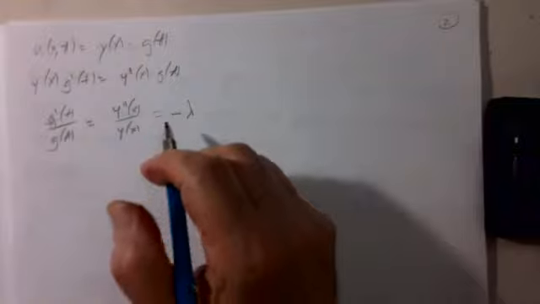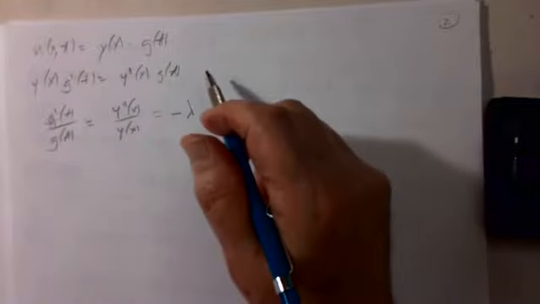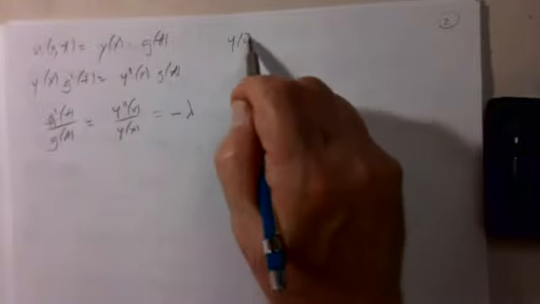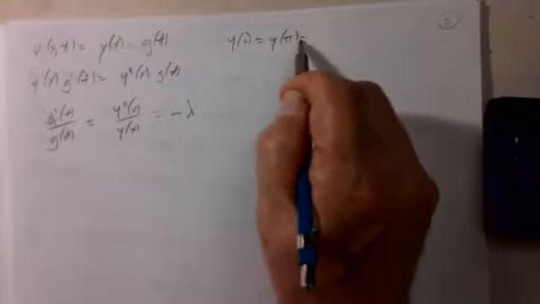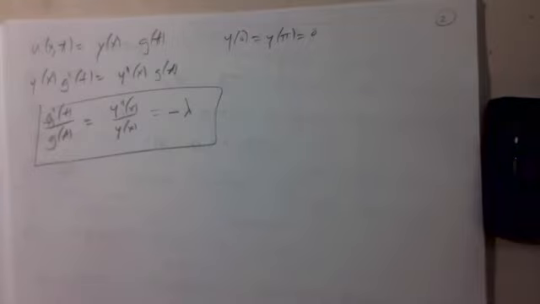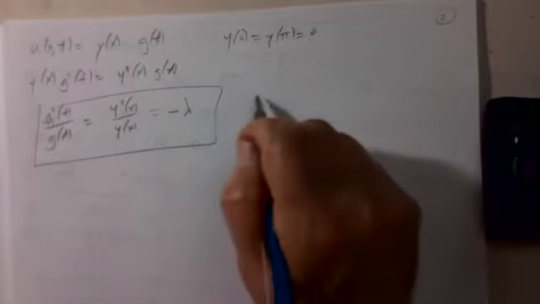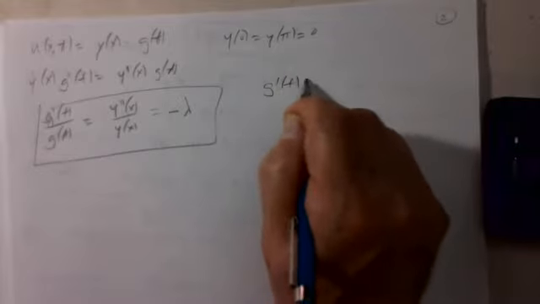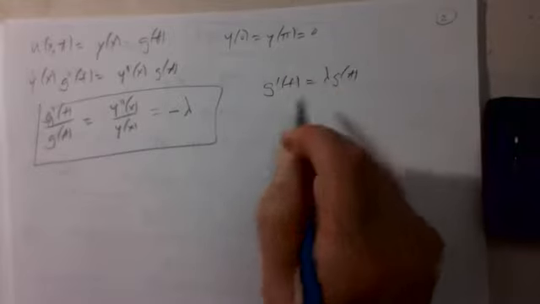So we have, this is a second derivative. And we had the initial conditions that y of 0 equals y of pi equals 0. So now we have two ordinary differential equations. The simplest is that g prime of t is minus lambda g of t.